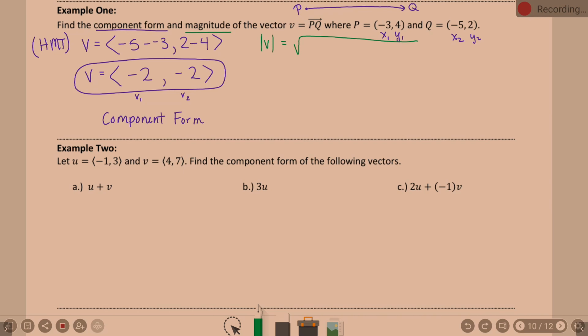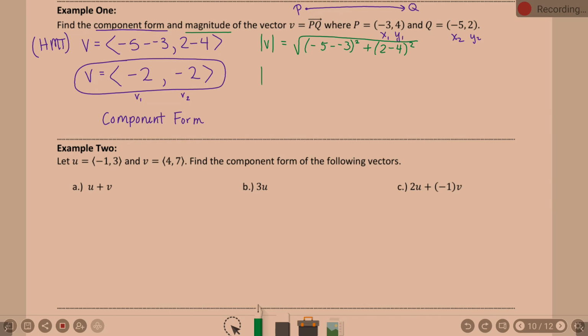And if we do x2 minus x1, that's negative 5 minus negative 3, quantity squared, plus y2 minus y1, 2 minus 4, quantity squared. Do those pieces that I just filled in look familiar? What I just filled in those parentheses, isn't that what we just used to find v1 and v2? It is, okay? So I'm just trying to show you the connection there.